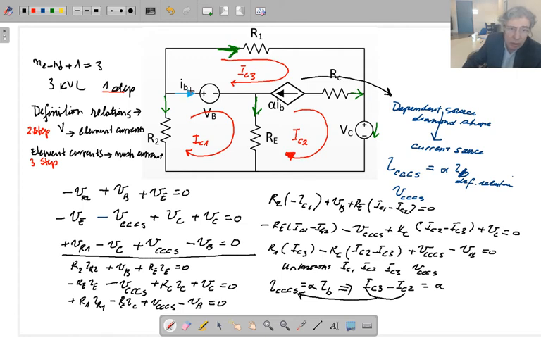IB is this current. This current also belongs to two different meshes, isn't it? So IB direction is the same as IC1, but opposite to IC3. So IC1 minus IC3.